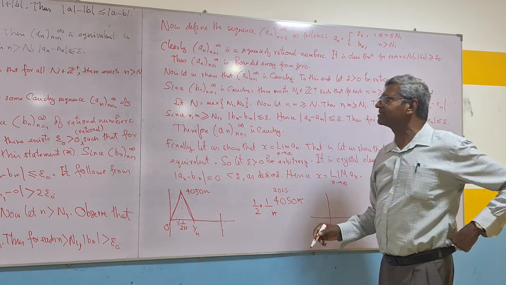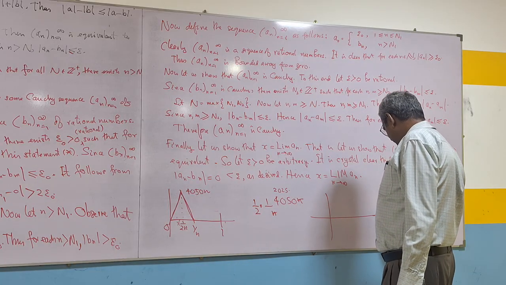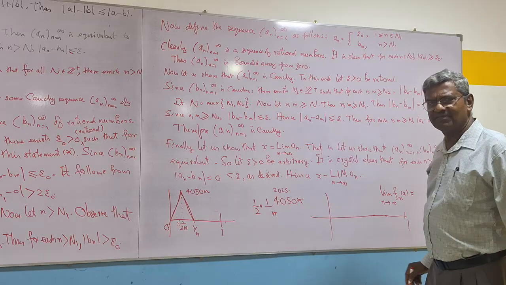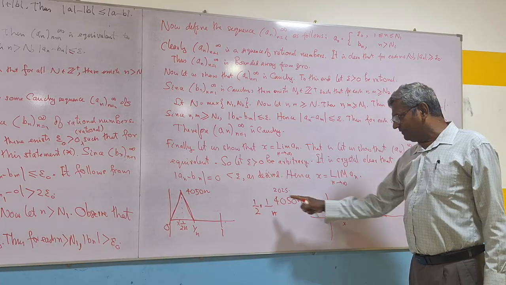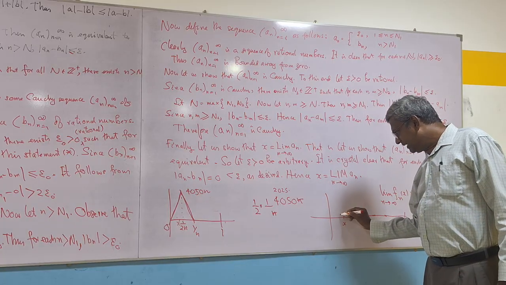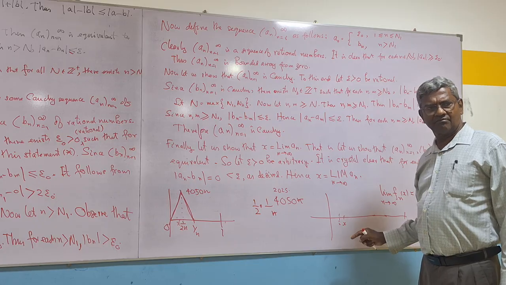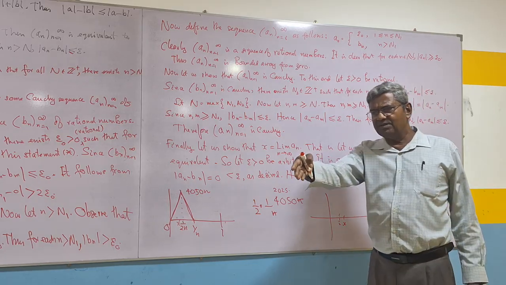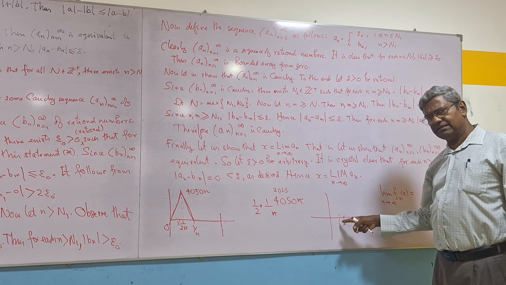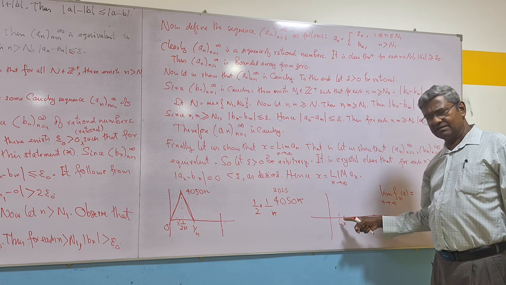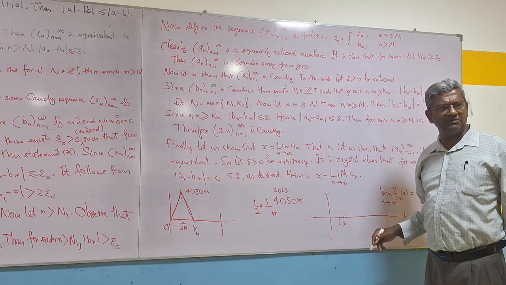If you take any x, I have to draw the picture clearly. I will take my 1 here, to make it longer, so I will take any x. After some time, 1 over n comes here. You are learning this, I don't know whether you learned it already: given any x, there is an integer n such that 1 over n is less than x. I guess it is a lemma or something in the book.